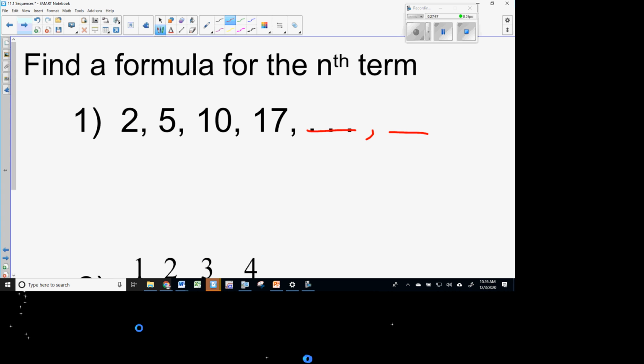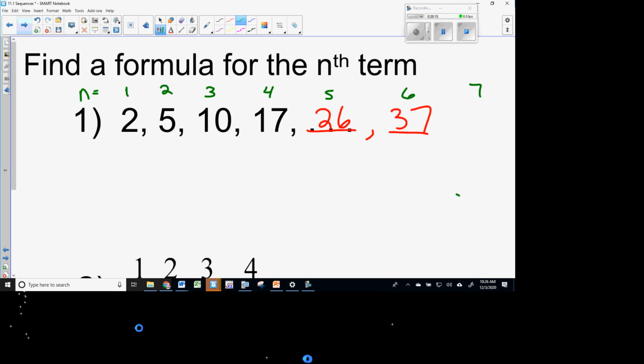So, what is the next term? 26, and then 37. Those are the next two terms, right? So first, can you recognize the pattern? Next, what about this? This is when n equals 1, 2, 3, 4, 5, 6. The next term is going to be 7.